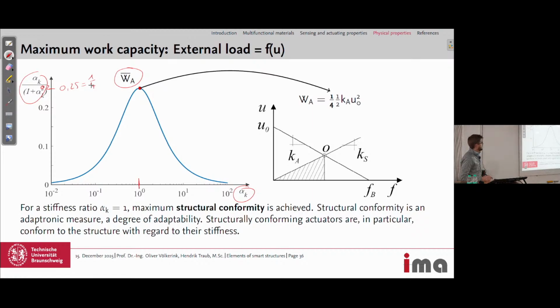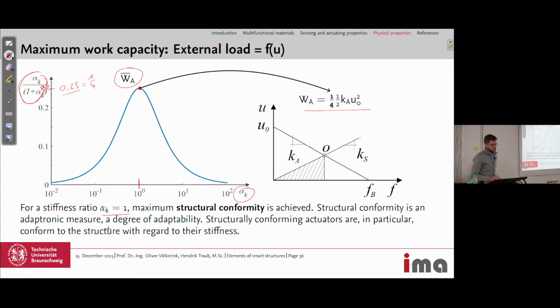This gives us the maximum work capacity of an integrated actuator. Now we can replace this expression with this maximum value of 1/4, so 1/8 times Ka times U0 squared is the maximum work capacity you can perform when the stiffness ratio between the actuator and the structure is 1.